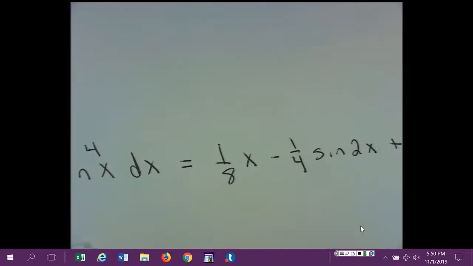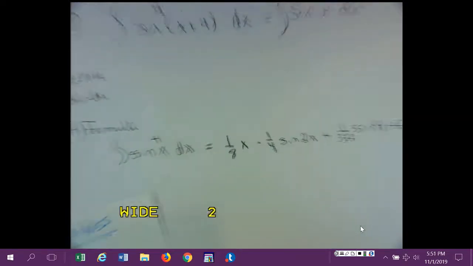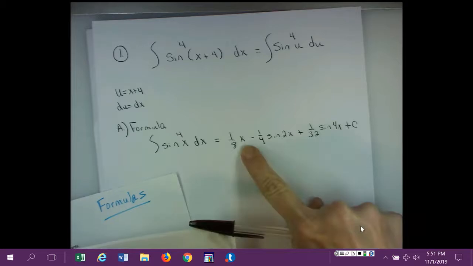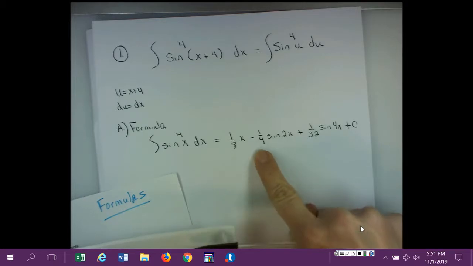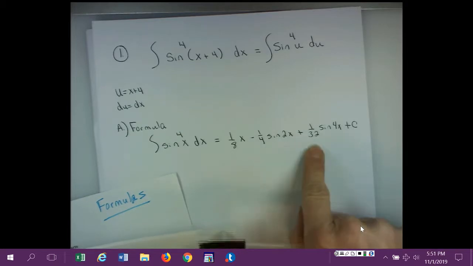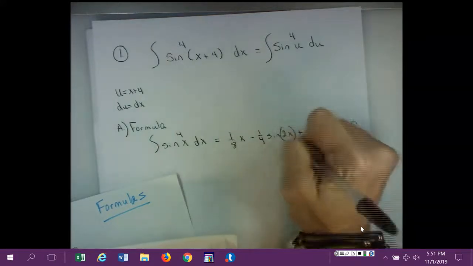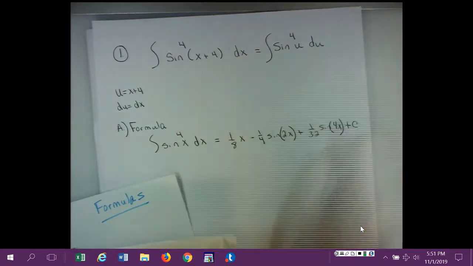So that's the blue box special. So 1/8 times x minus 1/4 times sine of 2x plus 1/32 sine of 4x plus c. I do enjoy the parentheses around the 2x and the 4x.